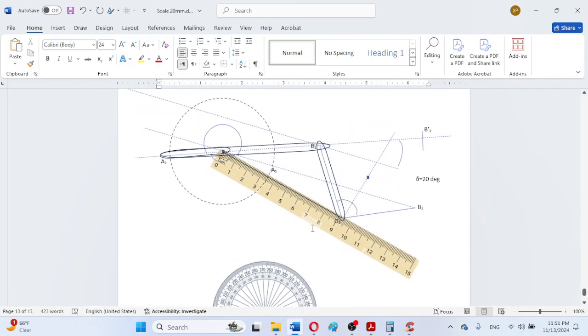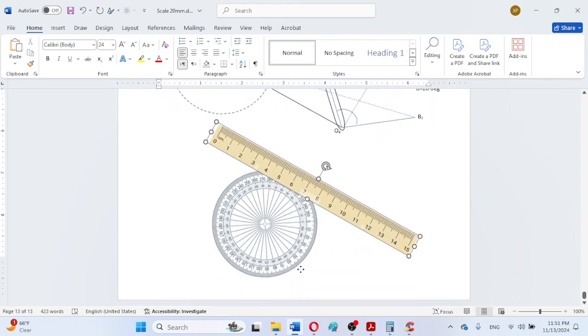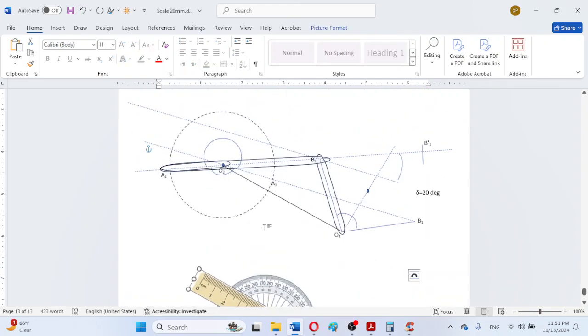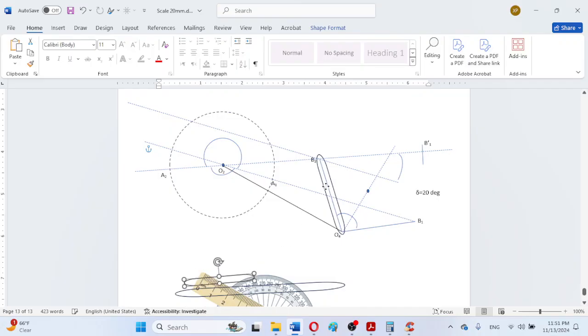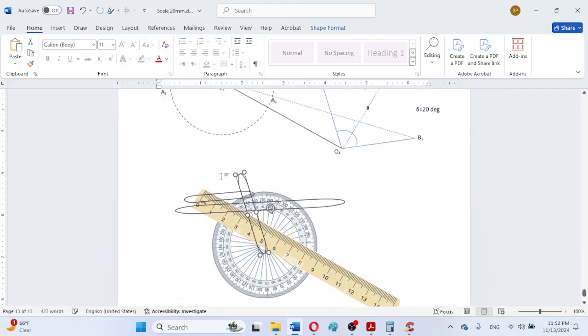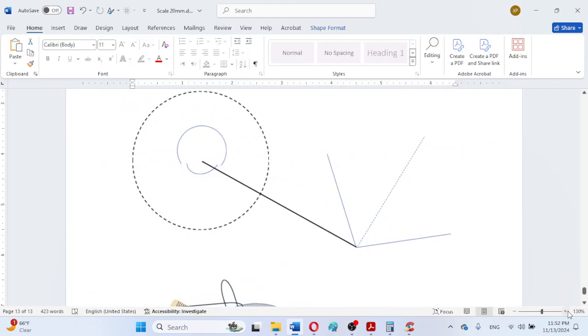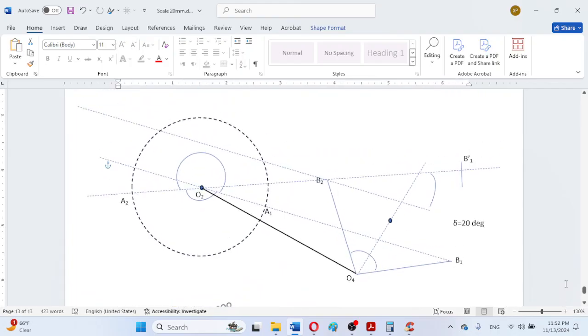So in this way the synthesis will be done and the links will be fabricated, and now we can move these link sketches out. So this is actually the final diagram that I can show here in the zoomed orientation.